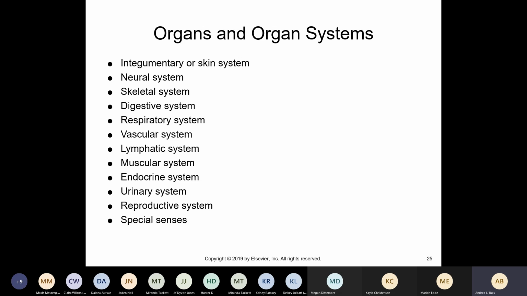Vascular is all of our blood supply, blood flow. Lymph system or lymphatic system we've talked about. Muscular. Endocrine is all of our glands. That is regulated by the neural system. The nerve system has kind of control over our hormones and release of hormones from those glands. The urinary system, reproductive, and then special senses are your eyes, ears, nose, those.